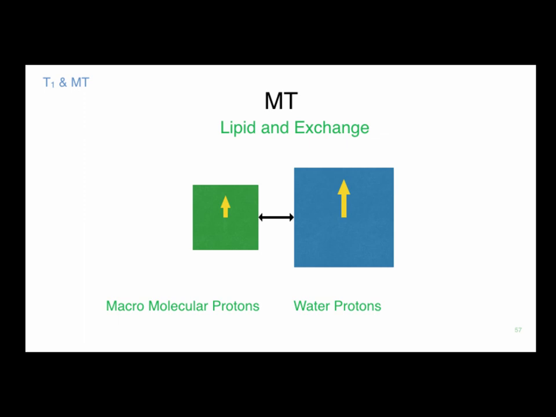Right, so you have two pools that both magnetize, you saturate one, some of those saturated spins transfer to the water, and that diminishes the magnetization of the water pool. So the combination of that is, even though you cannot see the spins directly in an MR experiment, if there is some effective saturation of this pool, it influences the water pool and therefore influences the signals that you can see.